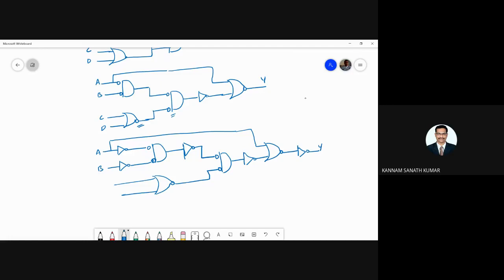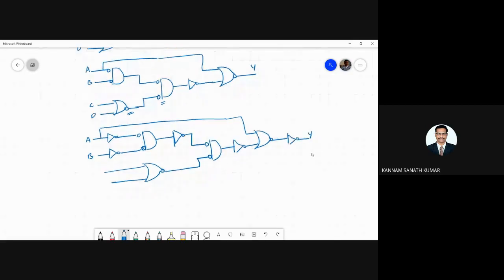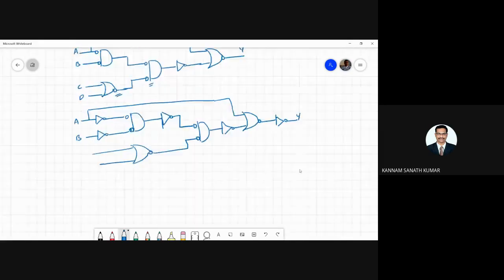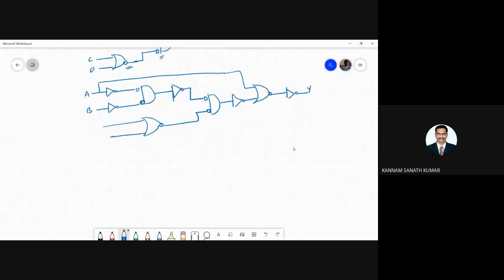Remember, wherever you are receiving one bubble, you have to add the inverter, and wherever you are receiving two bubbles, no need to add the inverter. This is C and this is D. Next, what should you do? Convert the inverter with a NAND gate and the bubbled AND gate with a NOR gate.